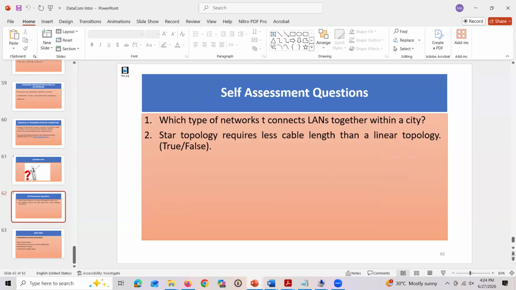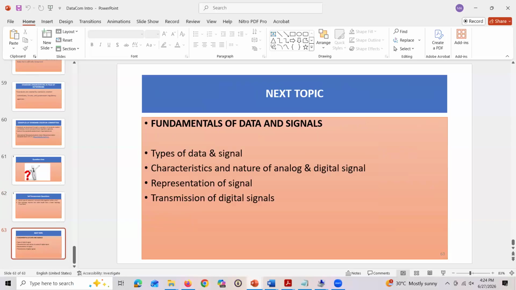You can read this and ask yourself the necessary questions that we have there. Now, we're supposed to do the fundamentals of data and signal. But since we have dealt with the networking and the purpose, I want us to look at the models that are involved in networking. After we are done, we come back and look at the data that needs to be transmitted and how it's supposed to be transmitted.